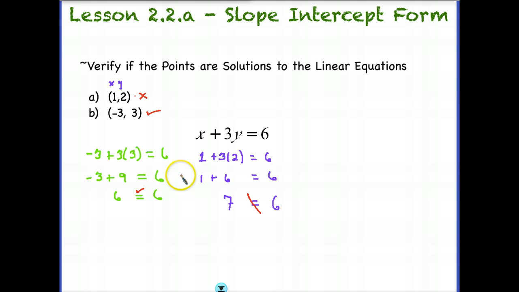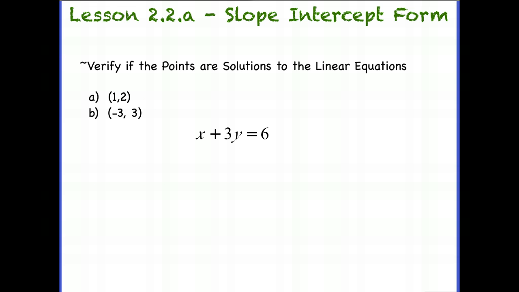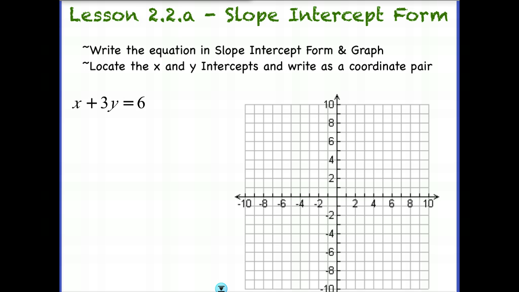Let's look at what this looks like graphically. So remember, we had the point 1, 2, and then -3, 3. If we want to graph this equation, this is the same equation we just got finished looking at. It's difficult to graph like this, so let's switch it to y equals mx plus b form, slope-intercept form up here.